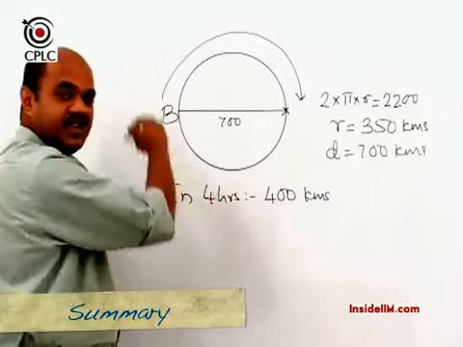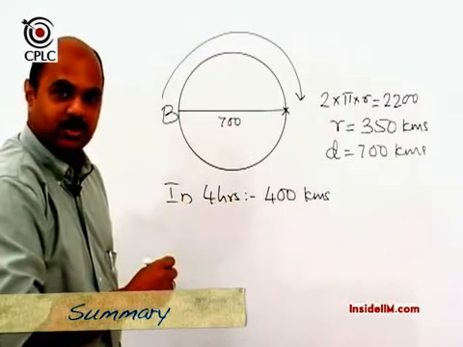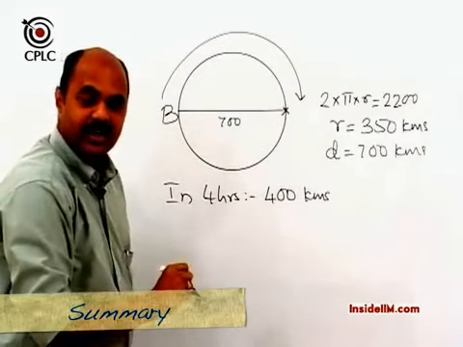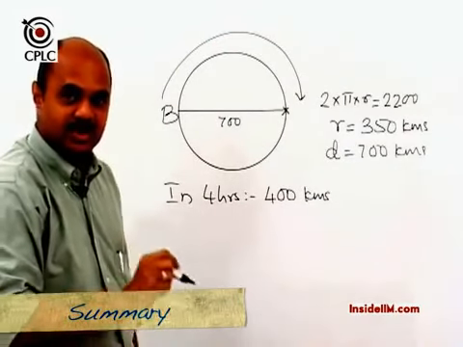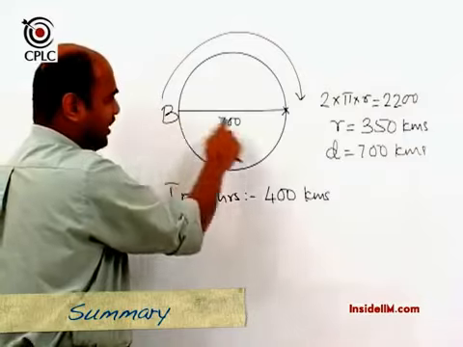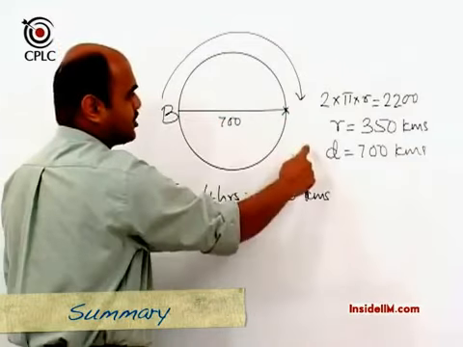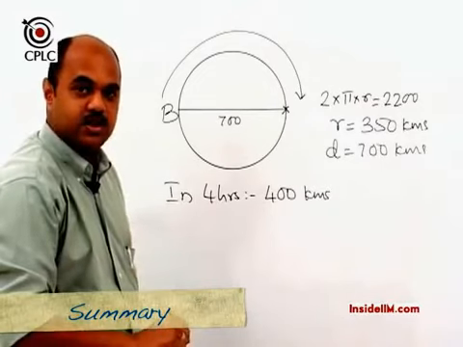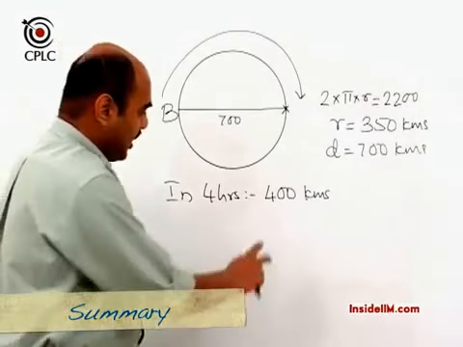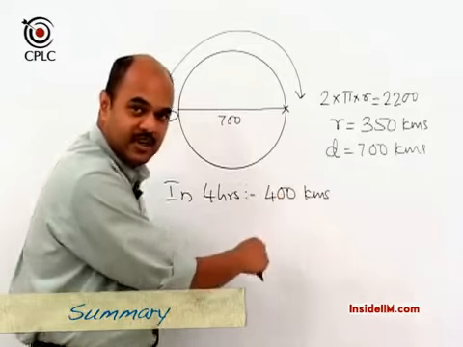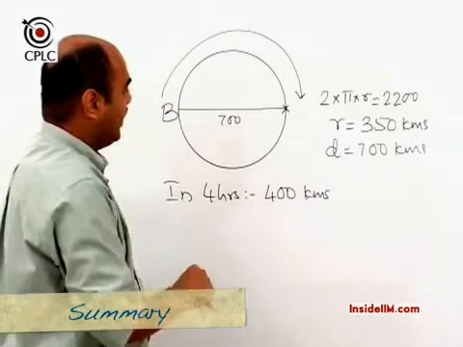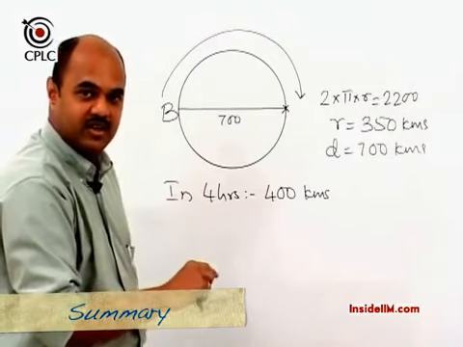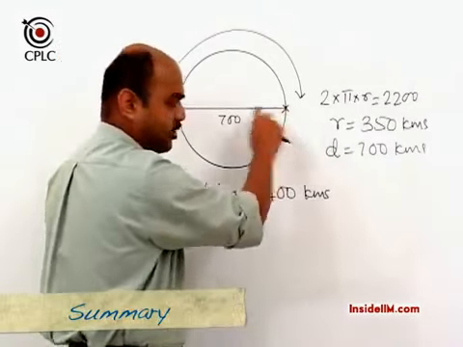If the entire circle is 2200, then half the circle would be 1100 kilometers, which essentially means from the bank till this point diametrically opposite along the circumference, the thieves would have to cover a distance of 1100 kilometers, out of which 400 has been covered in the 4 hours, and hence the remaining distance that the thieves will cover would be 700 kilometers to reach this point.